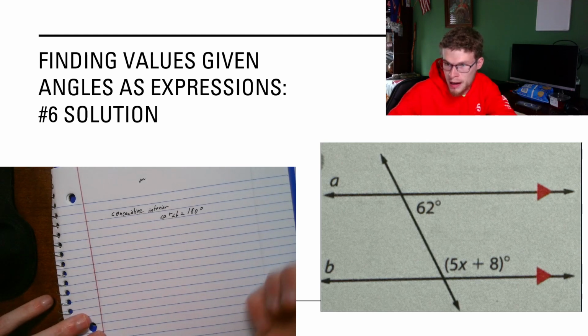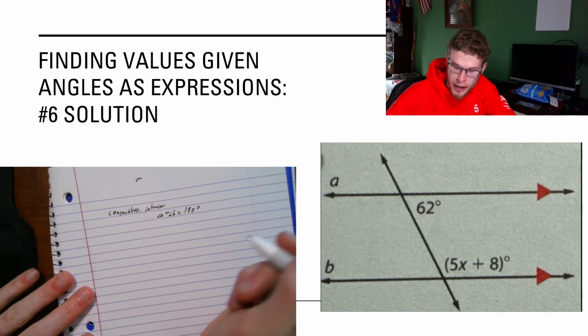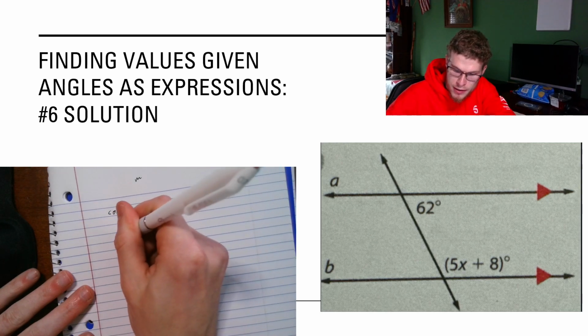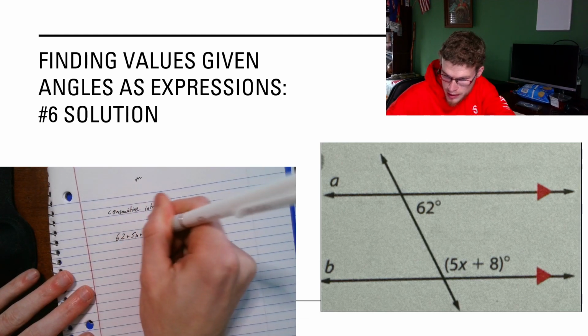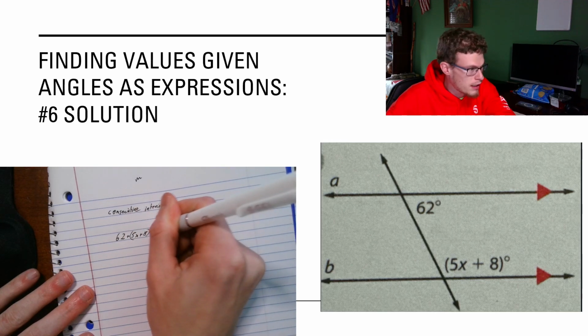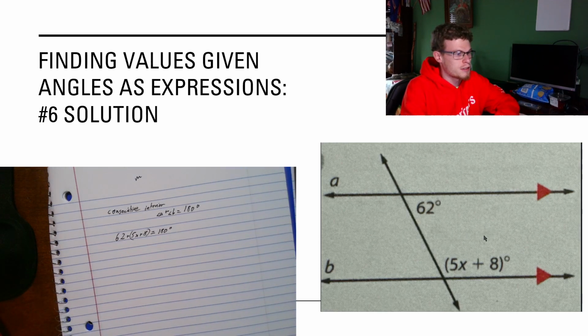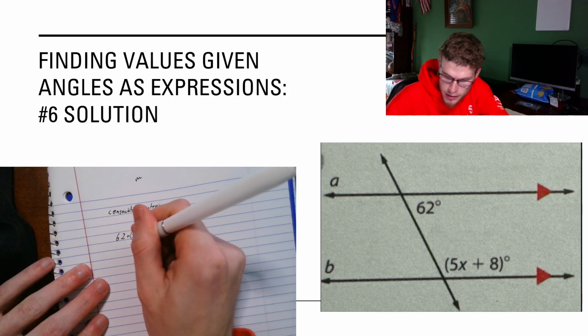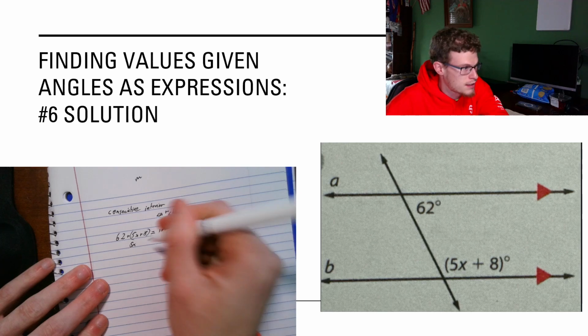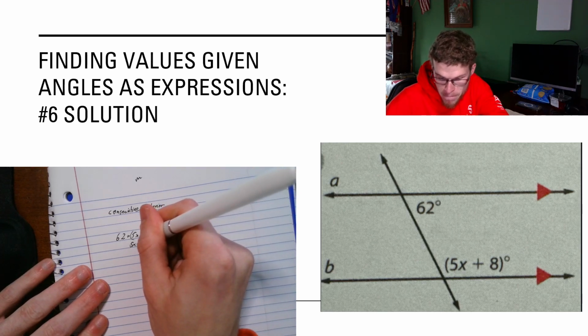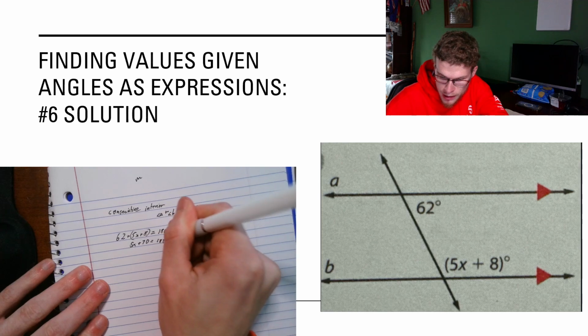Looking at those two angles, I can determine that 62 plus the quantity 5x plus 8 equals 180 degrees. Why is that true? Because these angles are consecutive interior angles, and we're just substituting in now. So let's solve for x. 5x plus 8 plus 62 gives me 5x plus 70 equals 180.